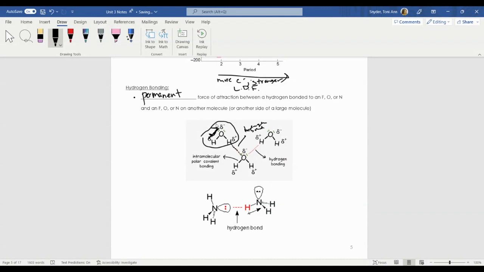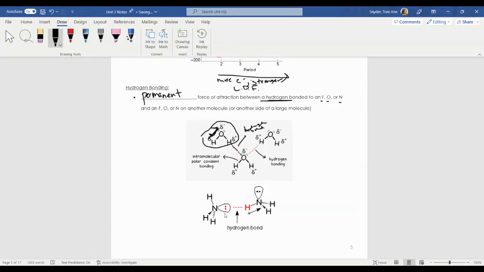But the criteria is I do have to have a hydrogen directly bonded to an F, O, or N, and that is attracted to an F, O, or N on another molecule. So we have to look at partial positives on one molecule attracted to a partial negative on another molecule.